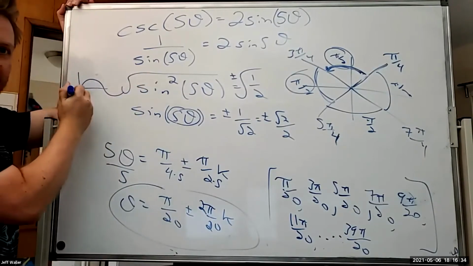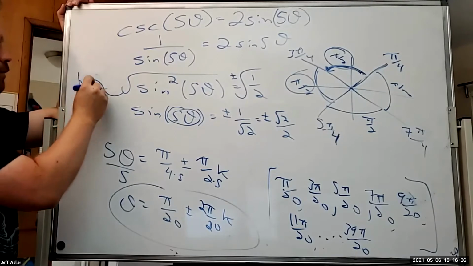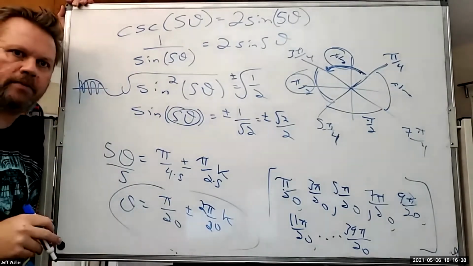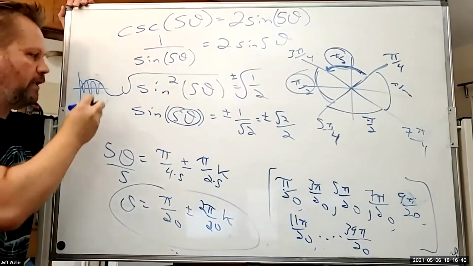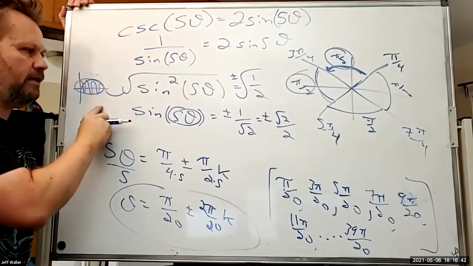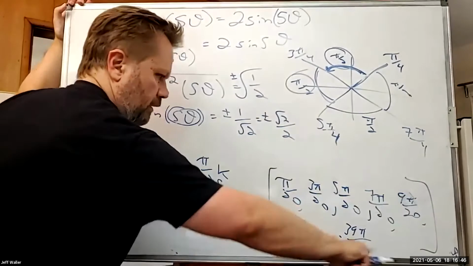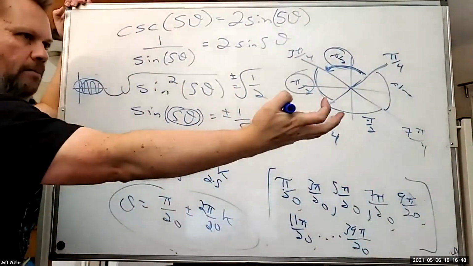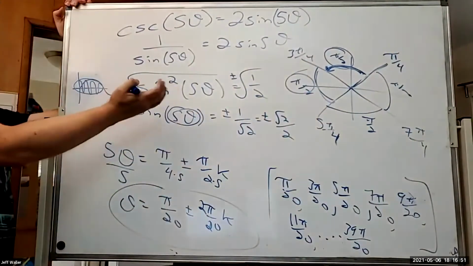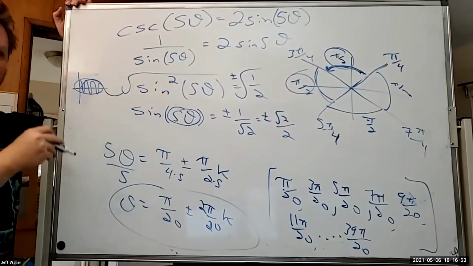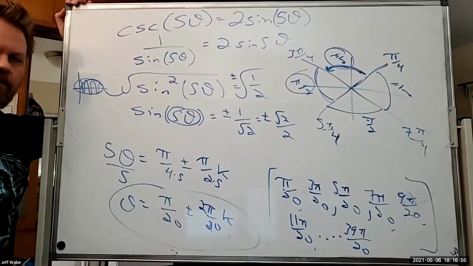Are you guys with me? Remember that? So then a lot more is going to fit between 0 and 2 pi. And you can see there's a lot more in there because it pulled them in to be between 0 and 2 pi.